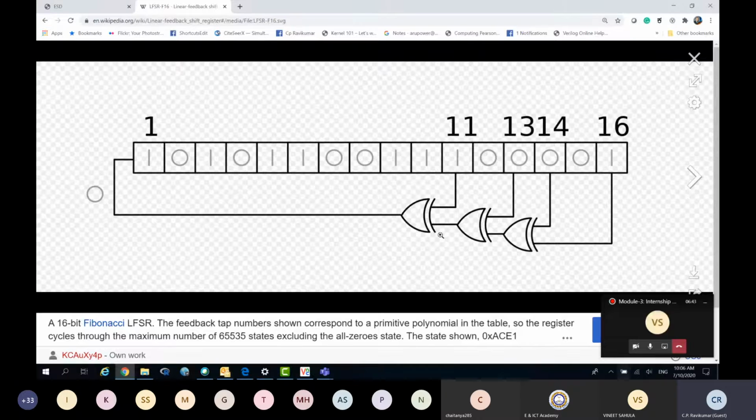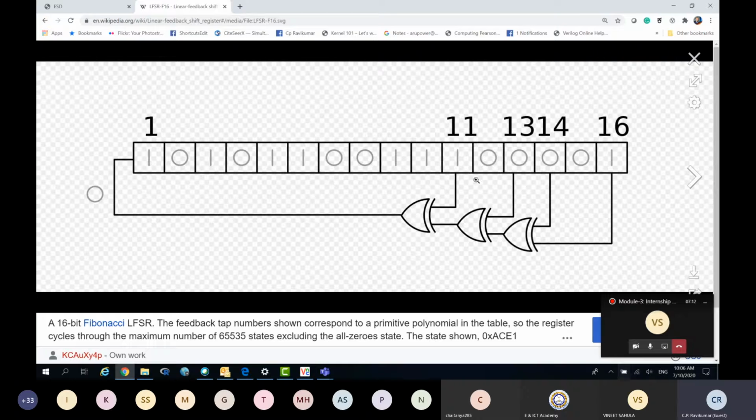And when we add 1 and 1, the answer is 2, which is represented as 1, 0. So if you ignore that carry, the answer is 0. So a half adder is nothing but an XOR gate. So we have basically added these bits 11, 13, 14 and 16. We are of course ignoring the carry, and then that feedback is being given here.